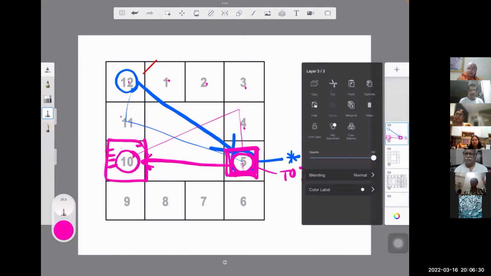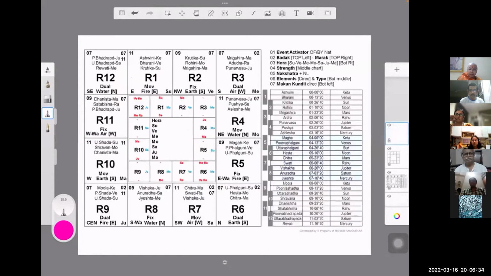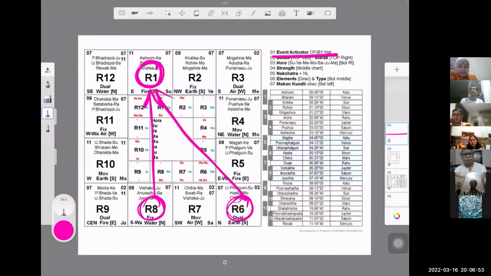So in short, when I said this, event activator of and event activator by native. Event activator of native is that 6th house, 8th house. They activate its events. If this is the native, the 8th house will activate the obstacles of the native. The 6th house will activate the illness of the native.